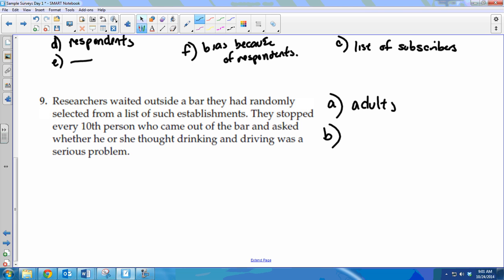The parameter is based on the statistics. So what are they interested in finding out? Right, the proportion of people who think drinking and driving is a serious problem.